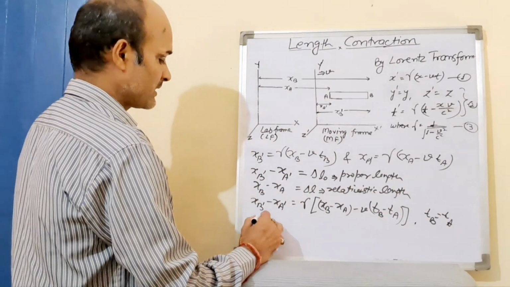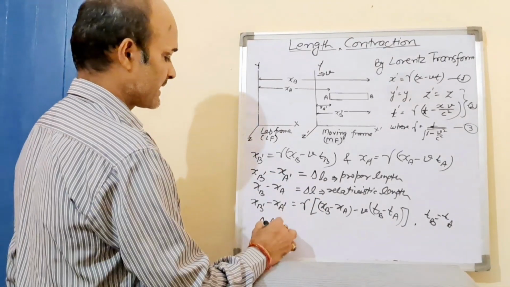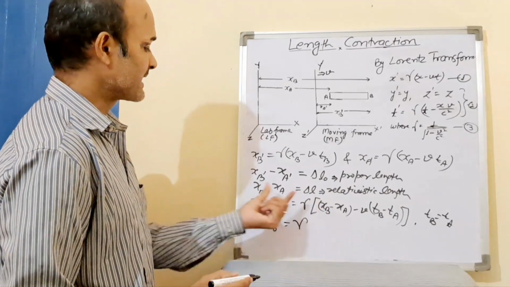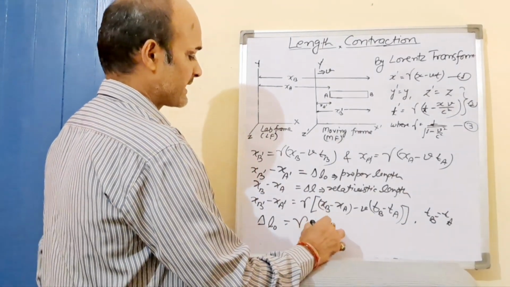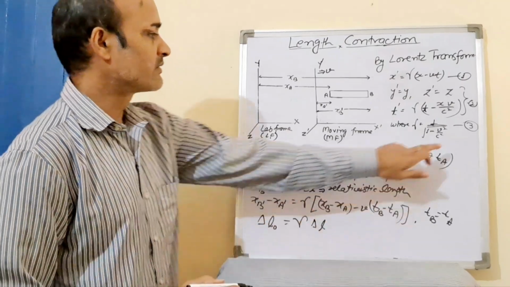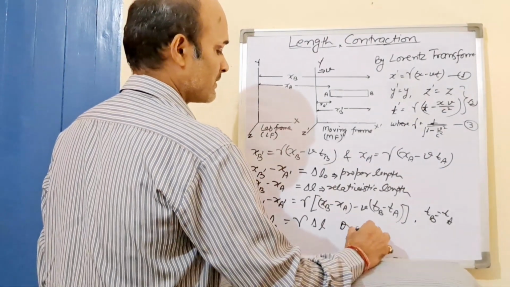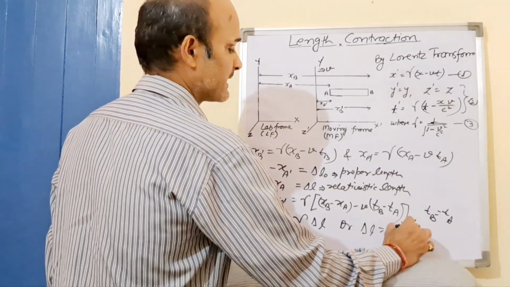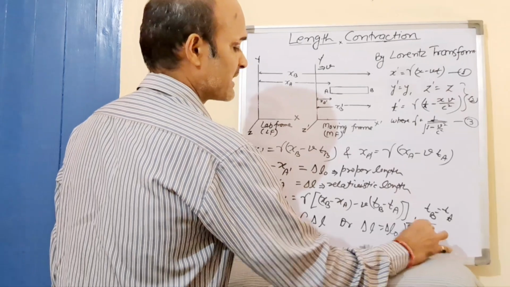We will get xb dash minus xa dash, that is delta L naught, is equal to gamma times (xb minus xa), and xb minus xa is the relativistic length, that is delta L. Now substituting the value of gamma from equation 3, we will get delta L is equal to delta L naught times square root of 1 minus v square upon c square.